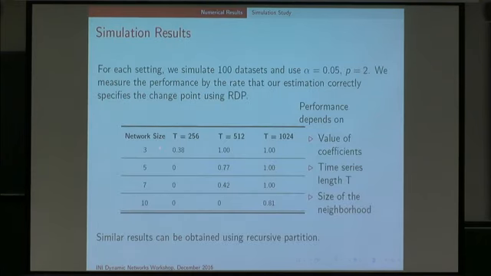What you can see here is there's a triangle structure to this matrix, which looks at increasing network size and increasing time series size. As you get a longer and longer time series, the frequency with which you identify the one change point that he put in the model goes to 100%. But that's breaking down with increasing network size.